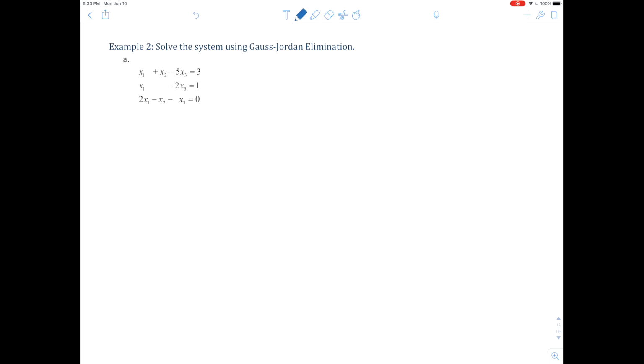So, second example, solve the system using Gauss-Jordan elimination. So here we go. Name our matrix. Might as well name it B. And how do I translate this? Beautiful.